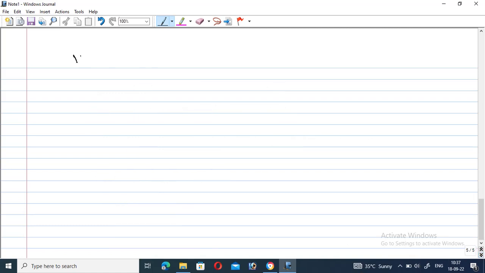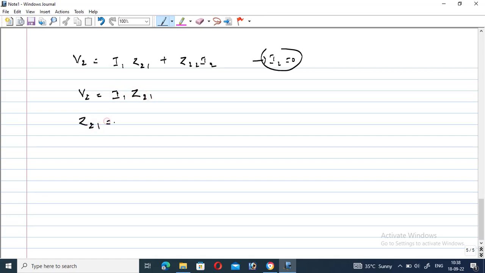So what is equation 2? V2 is equal to I1 into Z21 plus Z22 into I2. We know that generally I2 is equal to 0 in this consideration, right? So from this, V2 is equal to I1 into Z21. So Z21 is equal to V2 by I1.